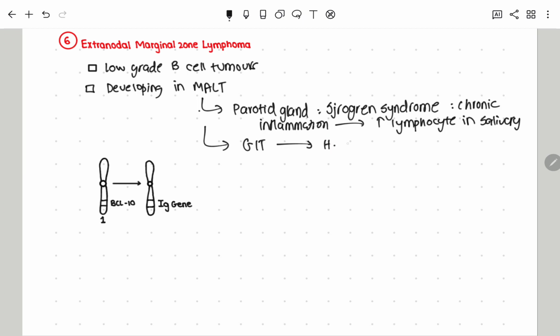And within the GIT, this normally occurs secondary to an H. pylori infection. Again, more on that when you get to GIT pathology.